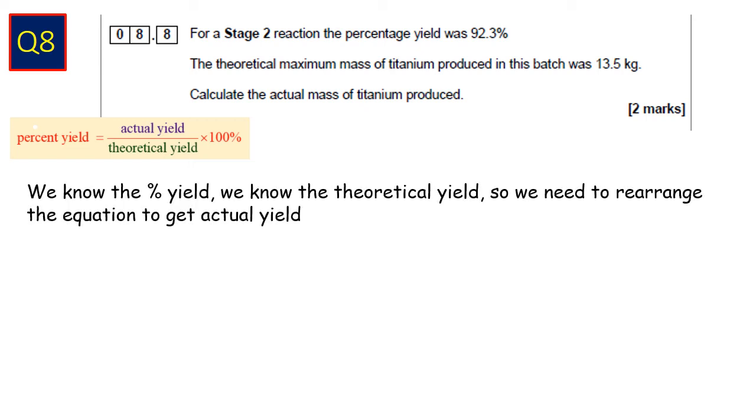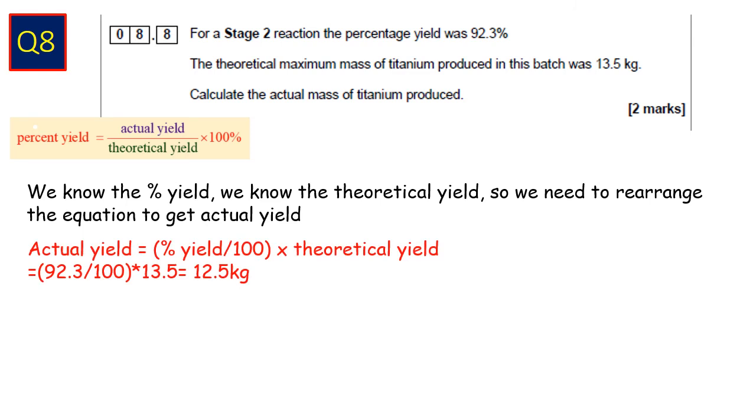We know the percentage yield and the theoretical yield, so we need to rearrange for actual yield. We get percentage yield divided by 100 times theoretical yield, which is 92.3 divided by 100 times 13.5, and you should get the answer of 12.5 kilograms.